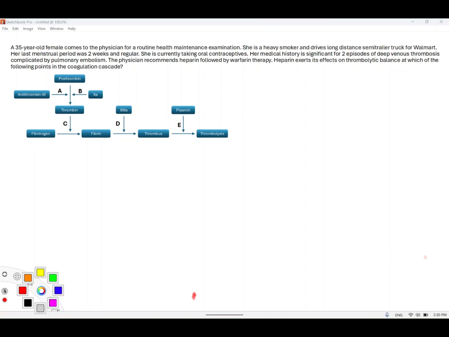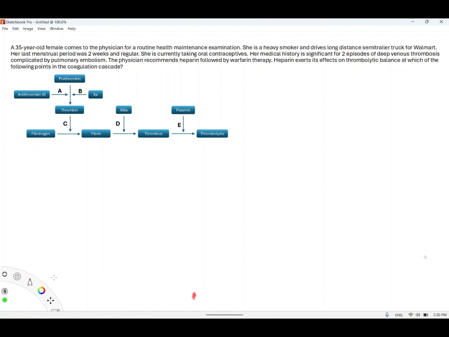Okay, so in this question, a 35-year-old female comes to the physician for a routine health maintenance examination. She is a heavy smoker and drives a long-distance semi-trailer truck for Walmart. Her last menstrual period was 2 weeks ago and regular. She is currently taking oral contraceptives.